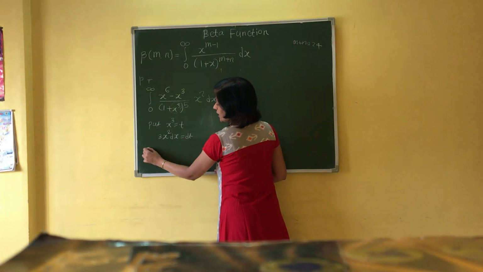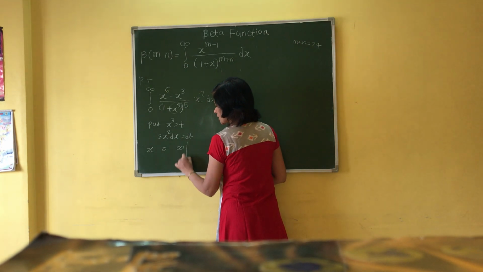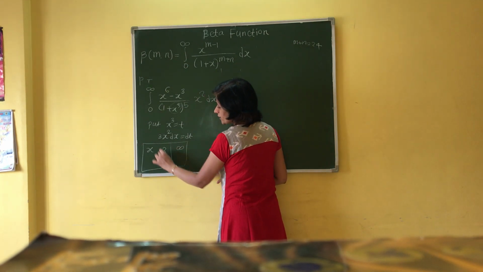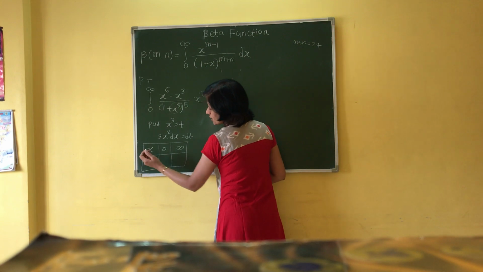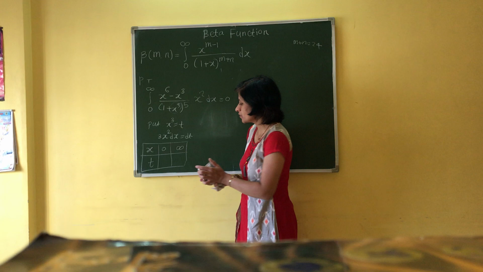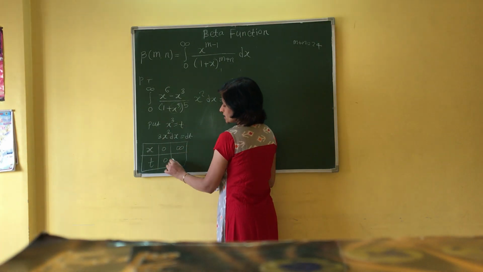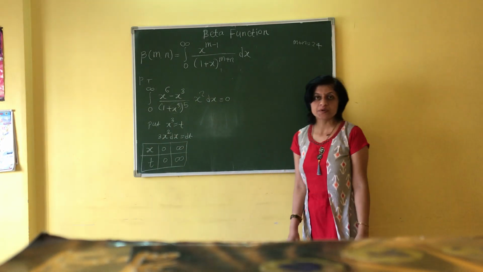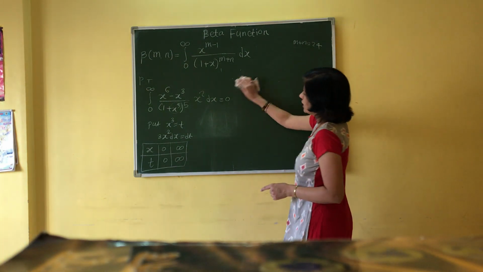Find the limits of t. Given range is x varies from 0 to infinity. Using this range to calculate the limits of t by using the substitution x cube is equal to t. First value of x is 0, t is 0. Second value of x is infinity, t is infinity. Putting all these values in LHS.